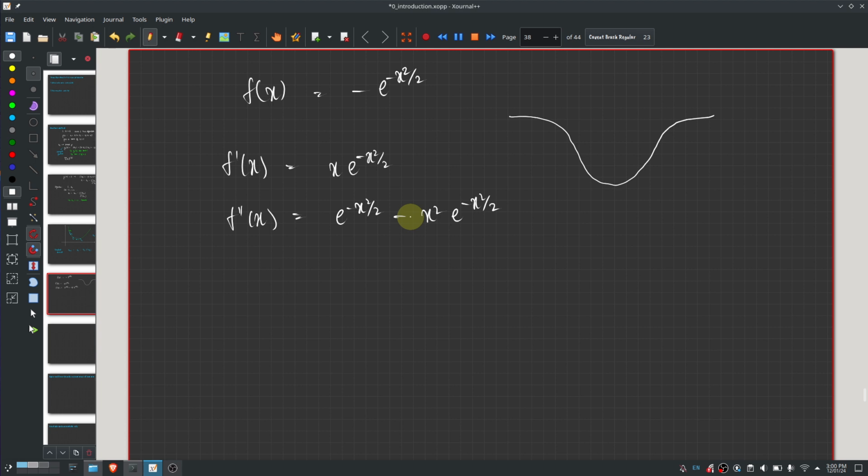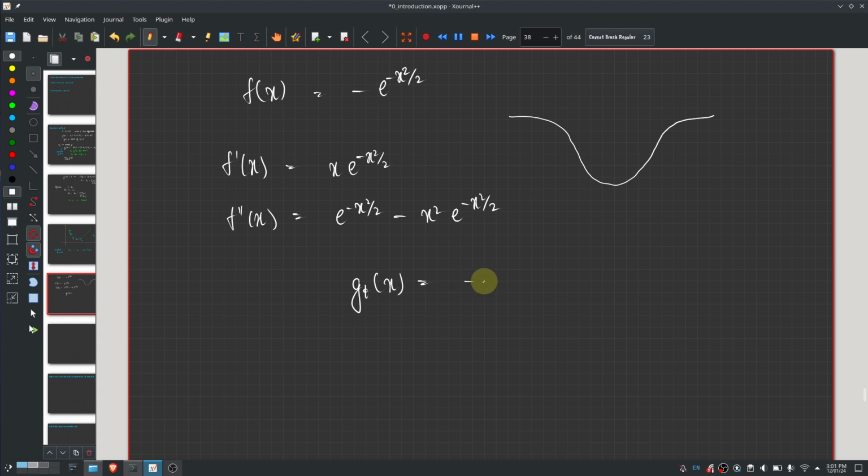Okay, so I have this. So let's see what Taylor's algorithm would look like. Or maybe even before that, what does g_t of x look like?